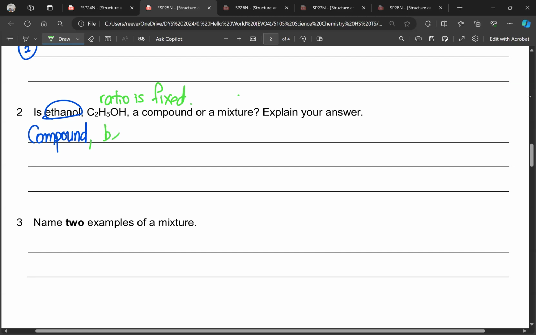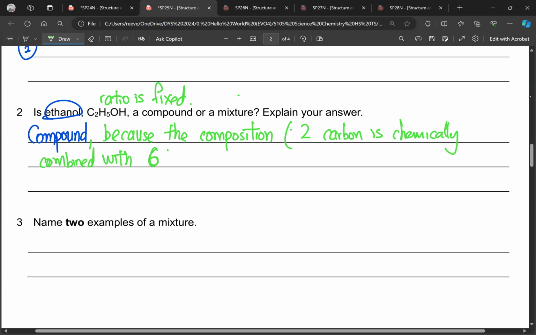It's a compound because the composition. You can tell me the composition, very good. 2 carbon is chemically combined with 6 hydrogen and 1 oxygen. Do you know why I got 6?